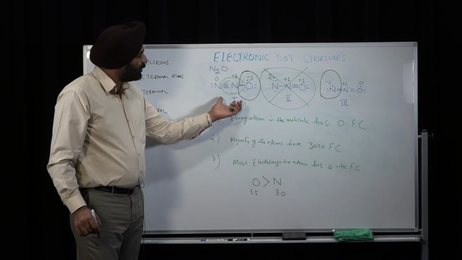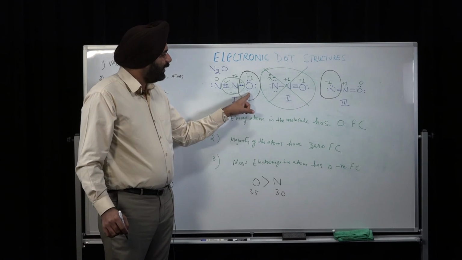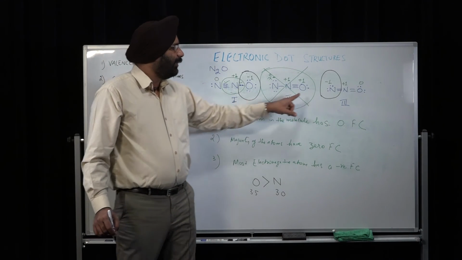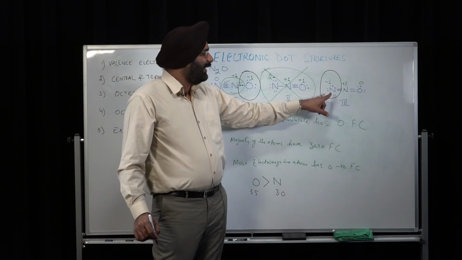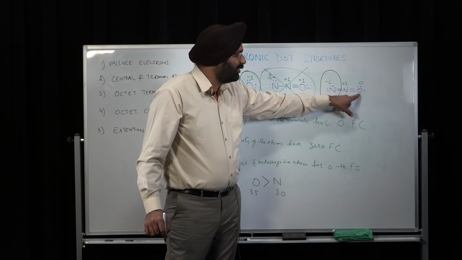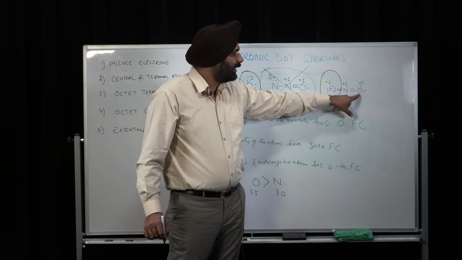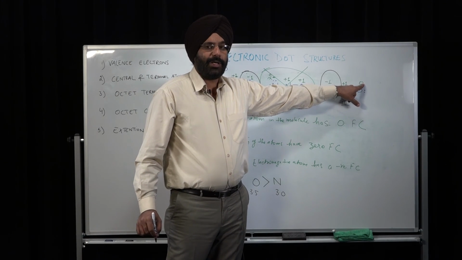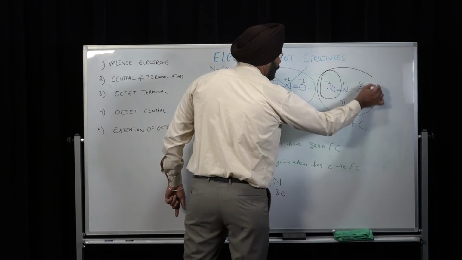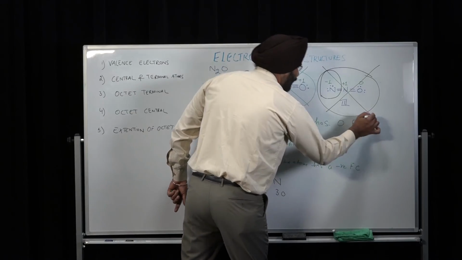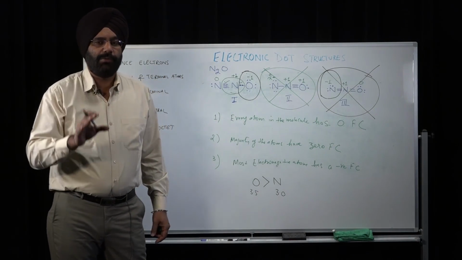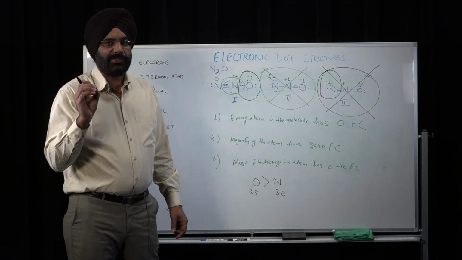In structure 1, the oxygen has a negative formal charge, whereas in structure 3, it's the nitrogen which has a formal negative charge, and oxygen has a 0 formal charge. So structure 3 won't be a dominant, contributing structure.